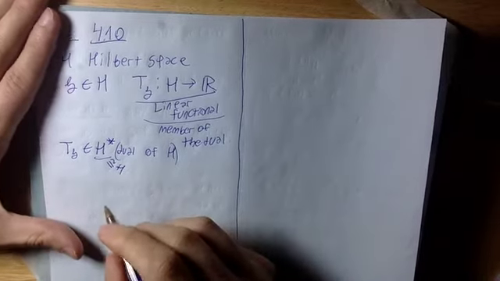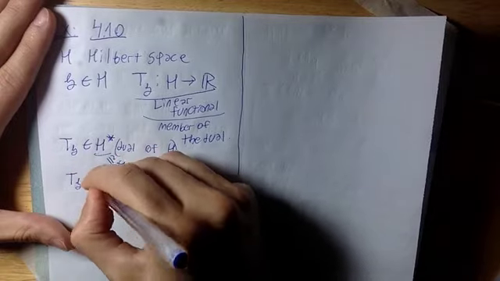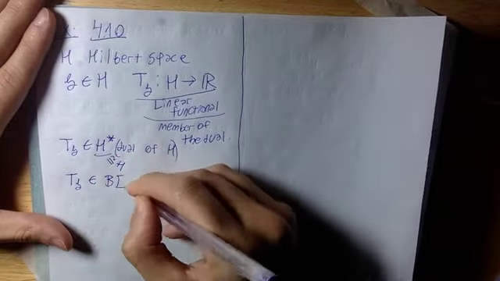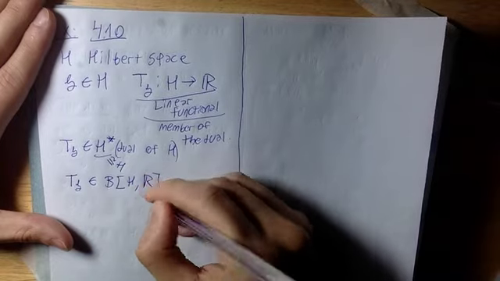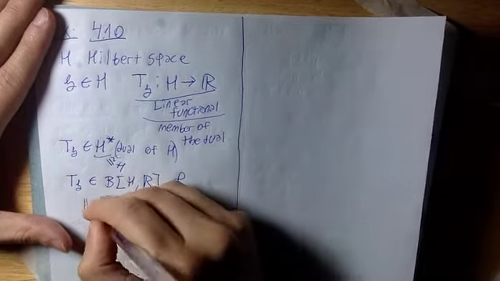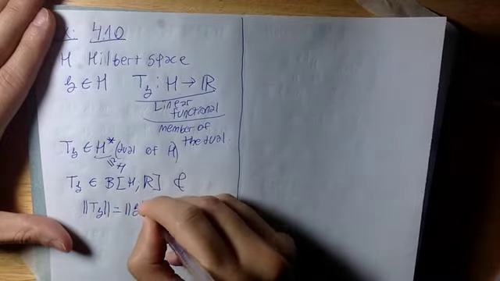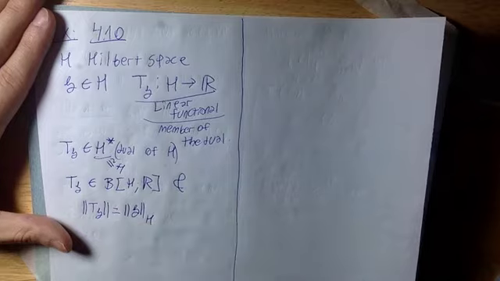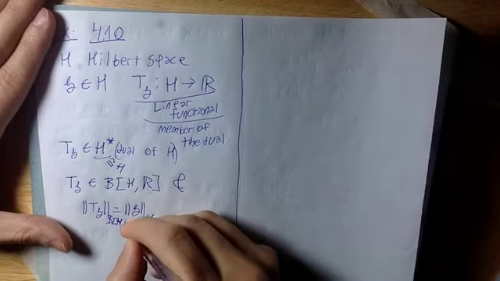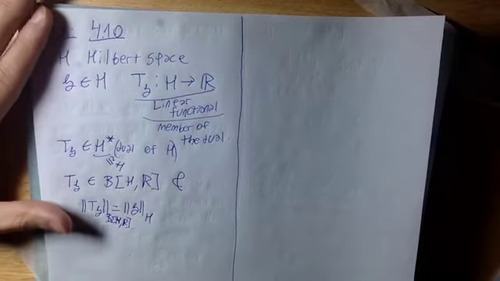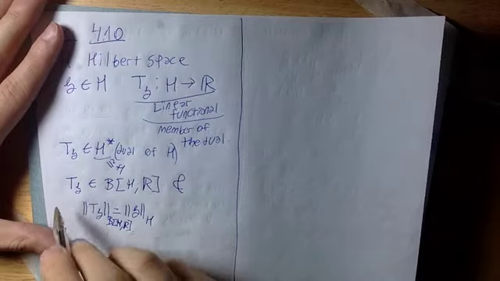But anyway, let's start with the right thing: T of y is in the bounded linear functionals from H to R, and the norm of T of y is just the norm of y in H. Okay, and this is the norm in the linear functionals. Sorry, I didn't say what T of y was.